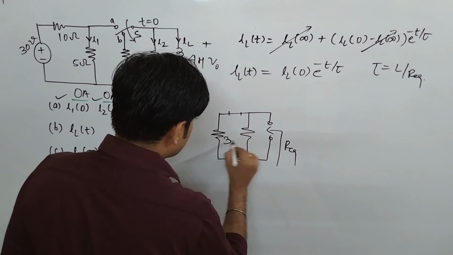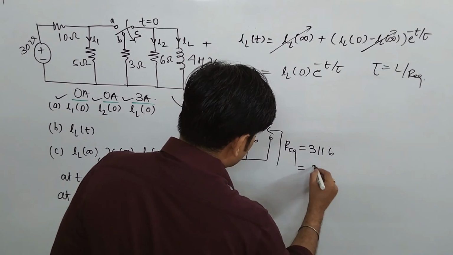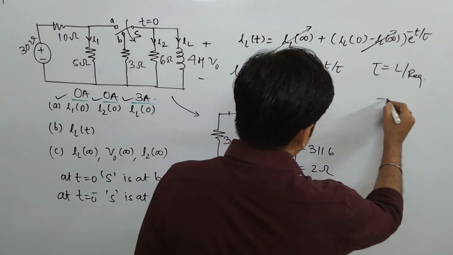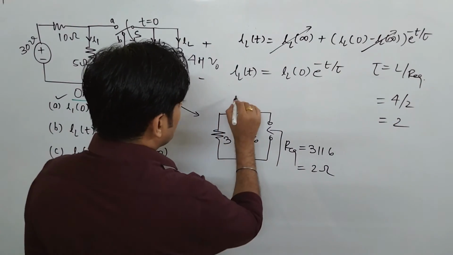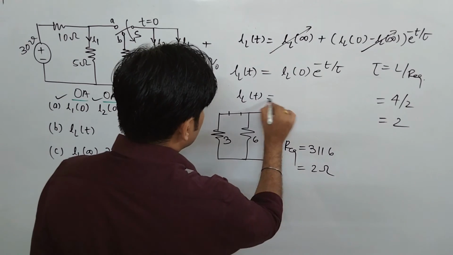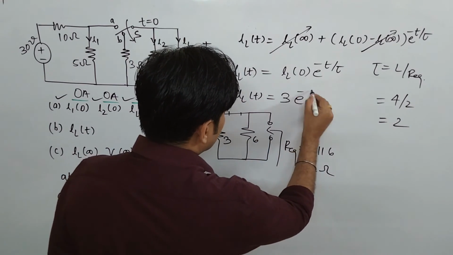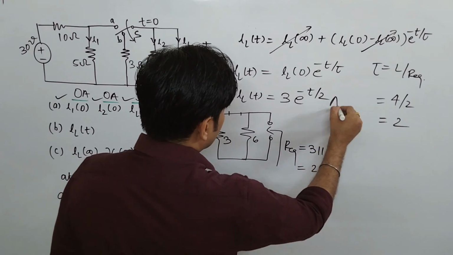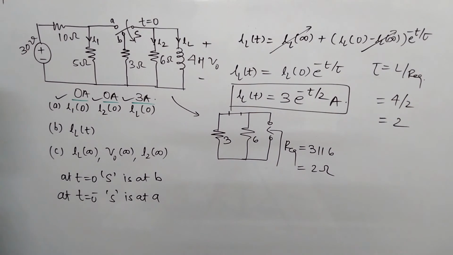This is your 3 ohm resistance, this is your 6 ohm. So R equivalent is 3 parallel 6, that comes to be 2 ohm. So tau comes to be 4 by 2, that comes to be 2. So the value of ILT comes to be 3 e to the power minus t by 2 ampere. Very important. In this manner you have found the value of ILT also.